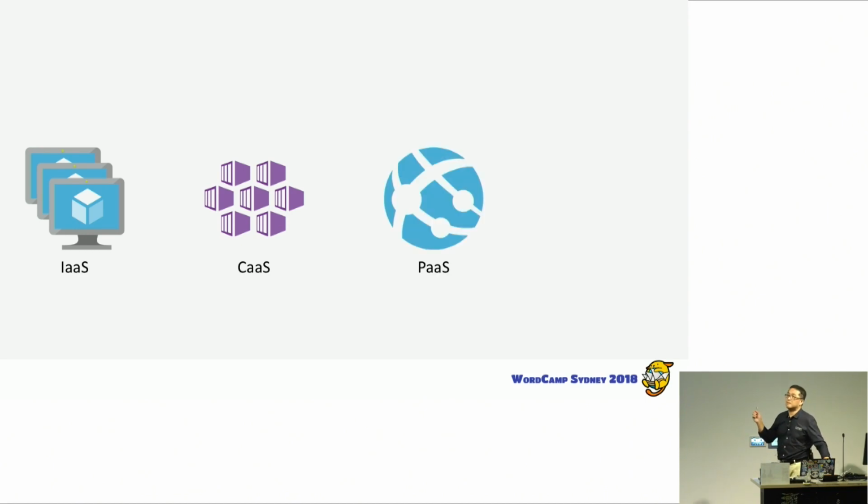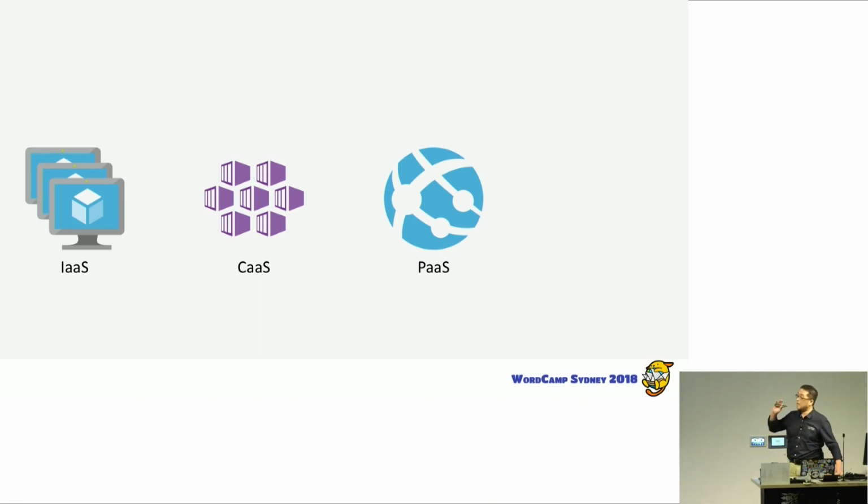Now, this is my favorite part, actually. This is PaaS, which stands for Platform as a Service. In this case, we don't have to worry about any server maintenance, scaling, version upgrading or security issues, because the cloud service provider handles all the maintenance.